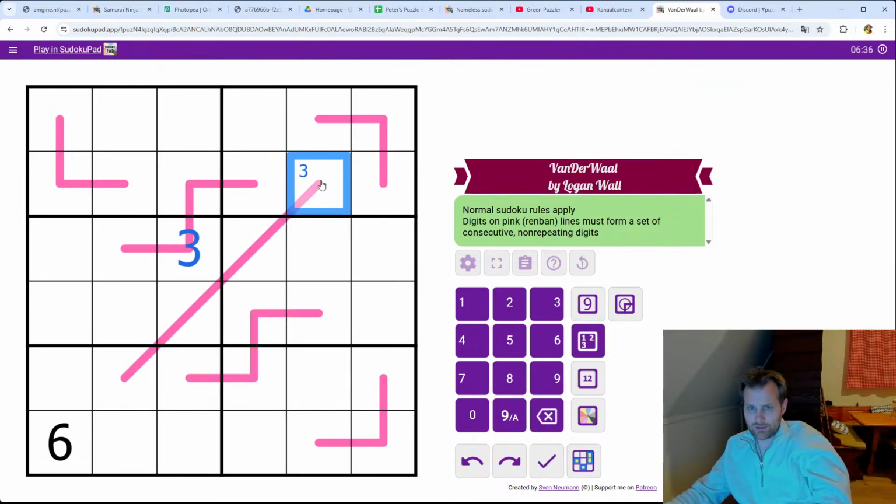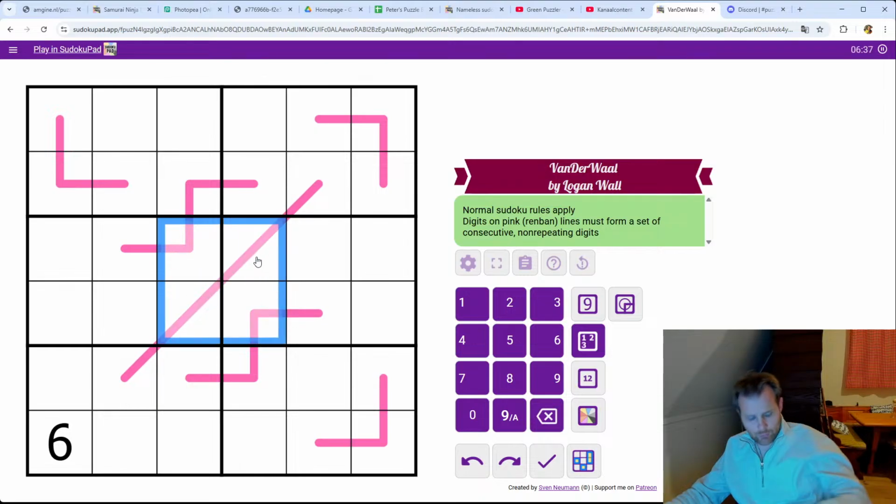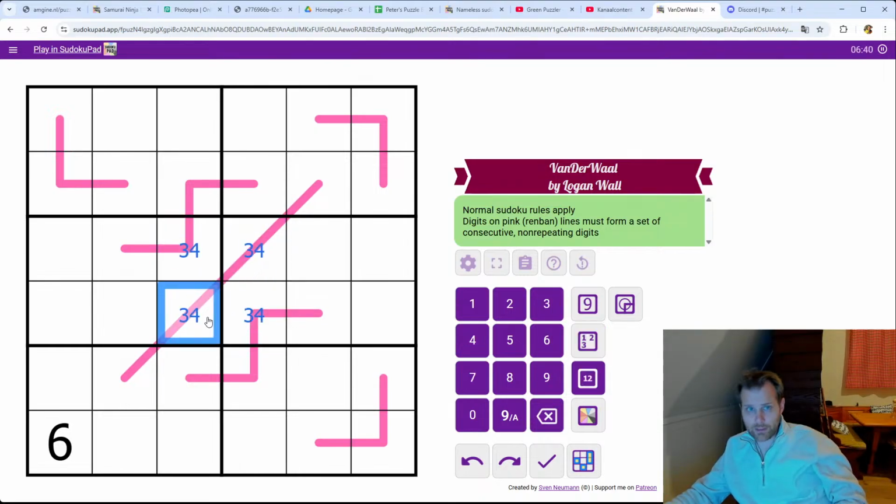So I can see that you can't put 3 and 4 in there. Can you put 3 and 4 in here? Then a 3 and 4 is in here.